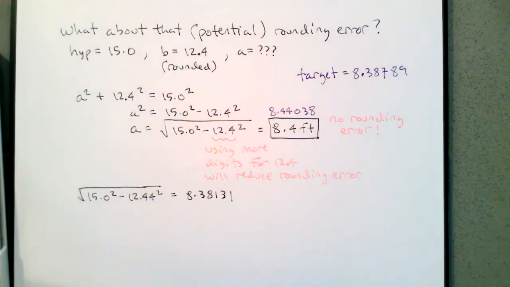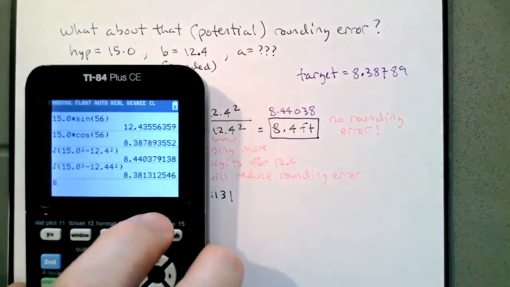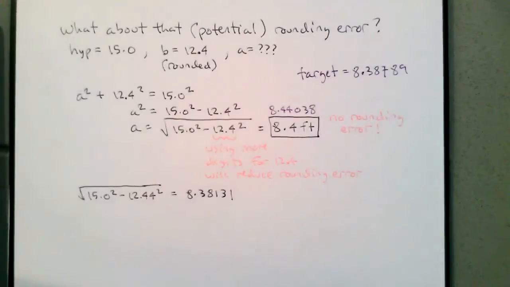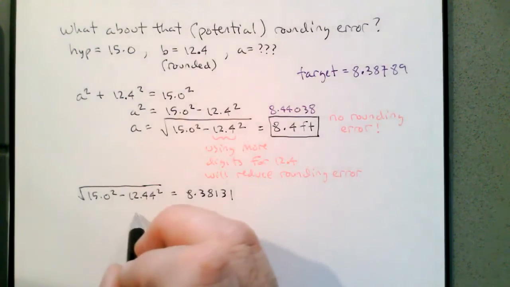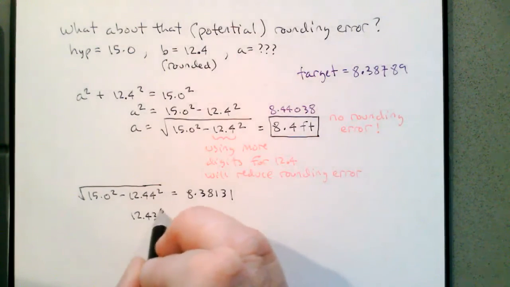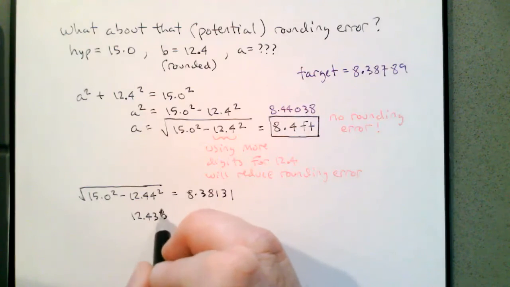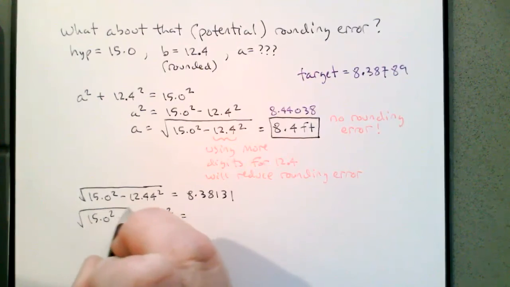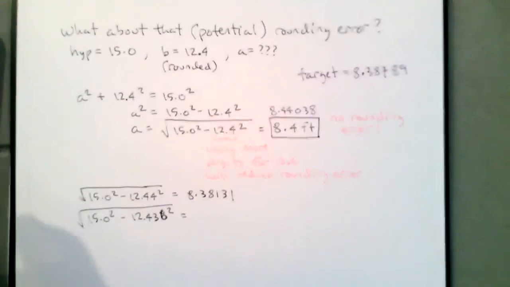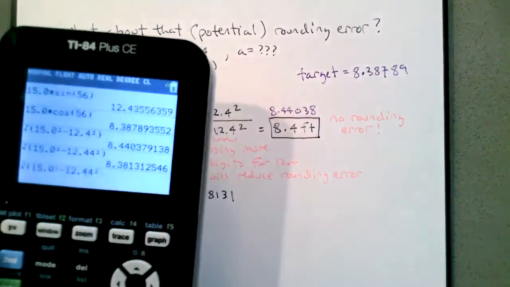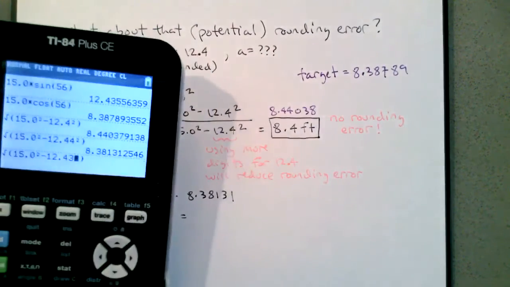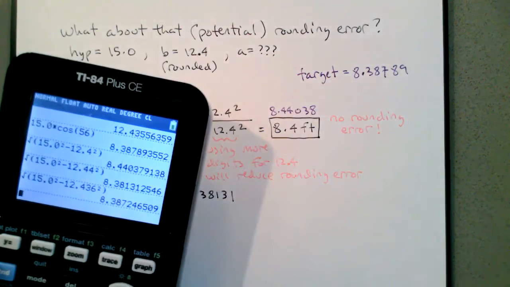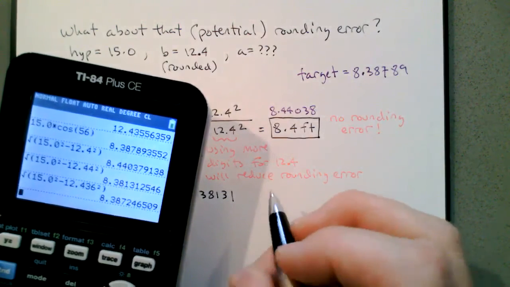If instead of 12.44, I use more digits from the 12.43556, I use 12.436, and do the same calculation, then I'm even closer to the target. I get 8.38725.